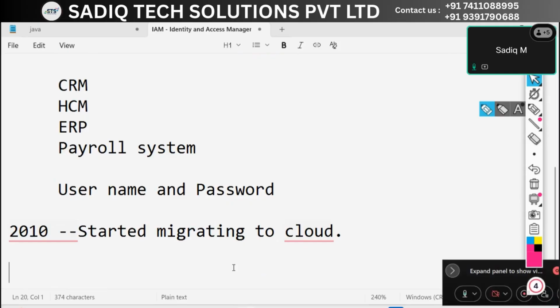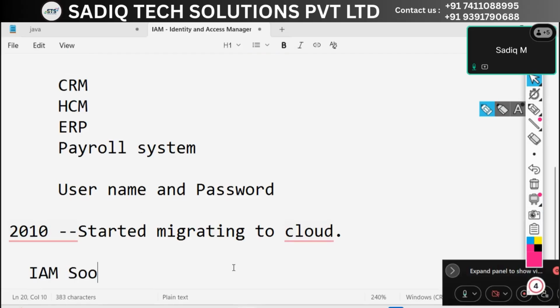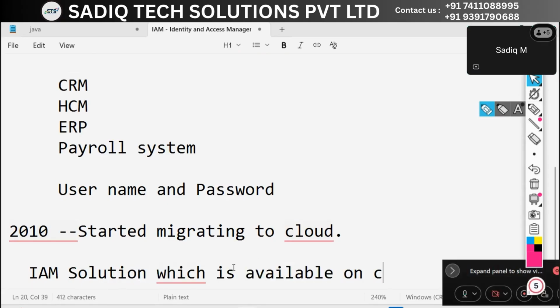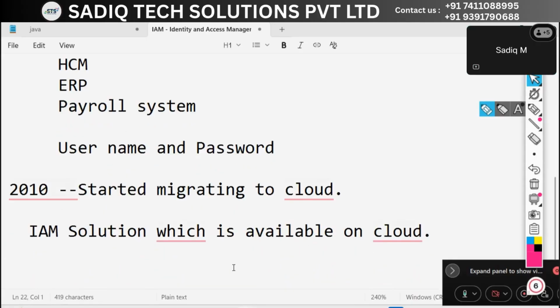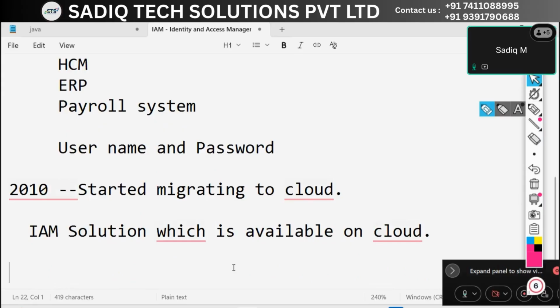They started looking for IAM solutions which are available on the cloud, because the application is running on the cloud and the application owners don't want an on-premises IAM solution.